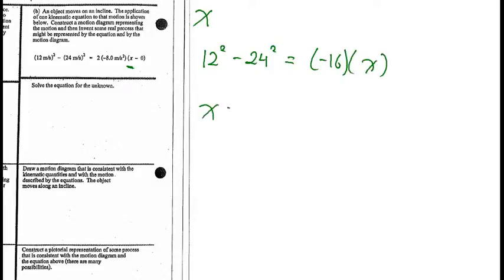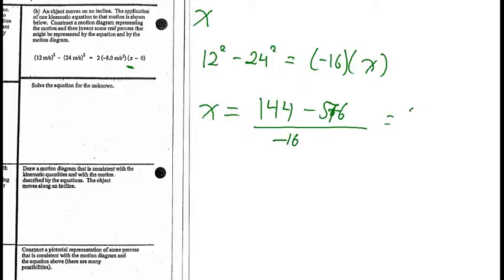So therefore x is going to be equal to 12 squared, which is 144, minus 24 squared, which is 576, divided by a negative 16.